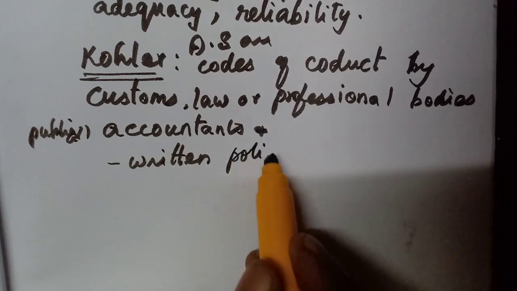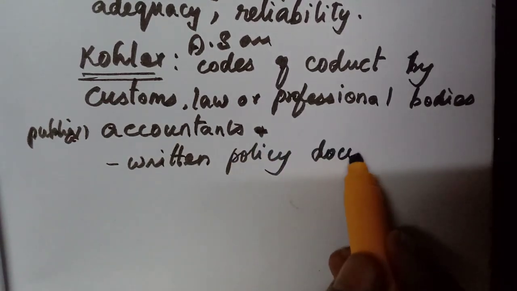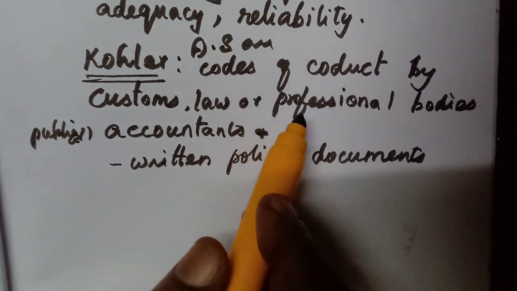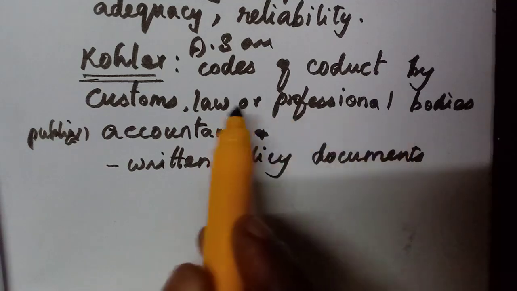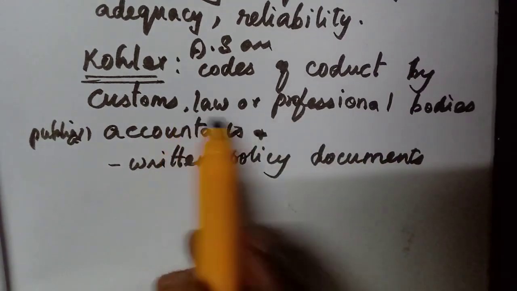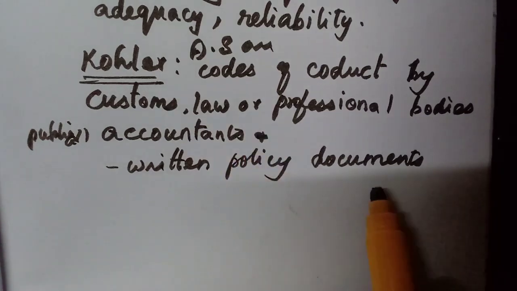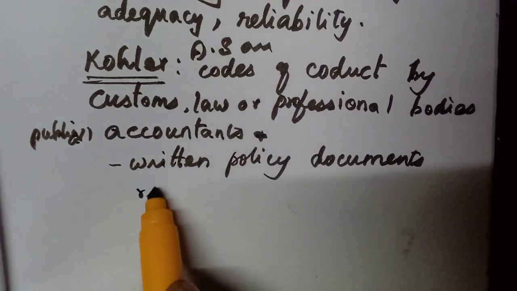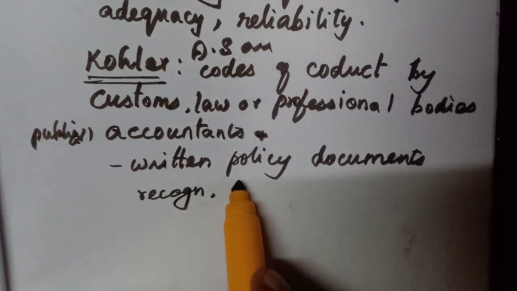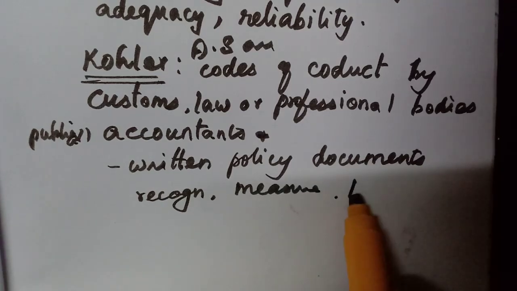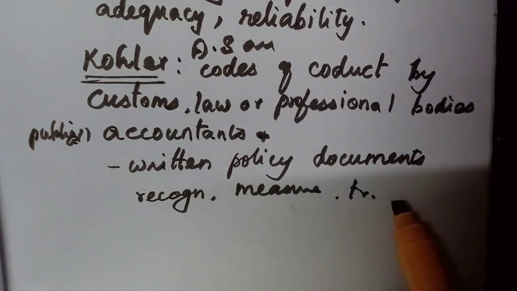Written policy documents issued by some expert accounting body or by the government, or other regulatory body, covering the aspects of recognition, measurement, and treatment of all accounting transactions and events in the financial reports, in the financial statements.